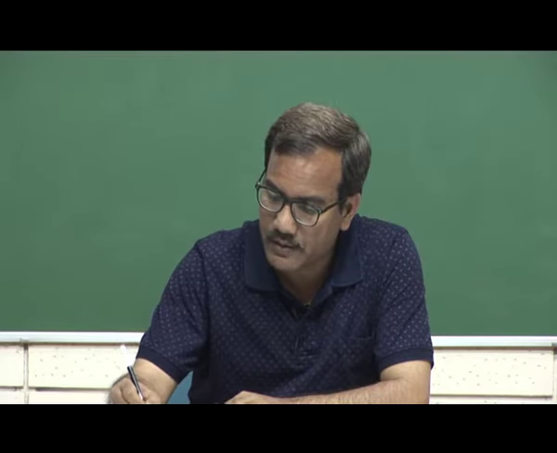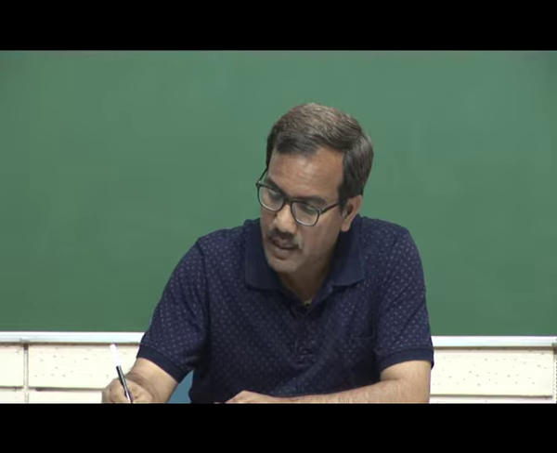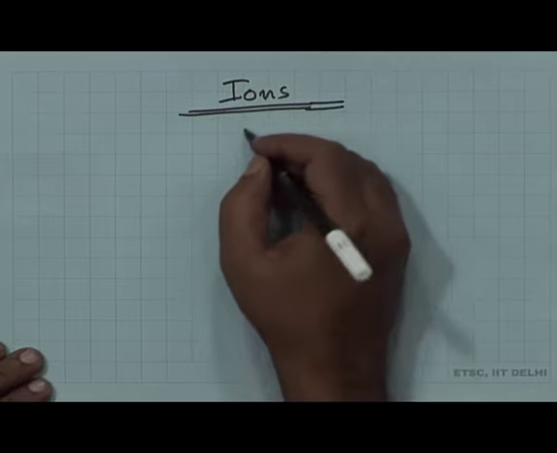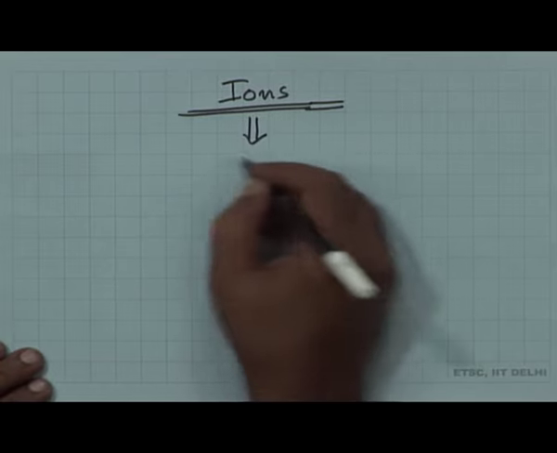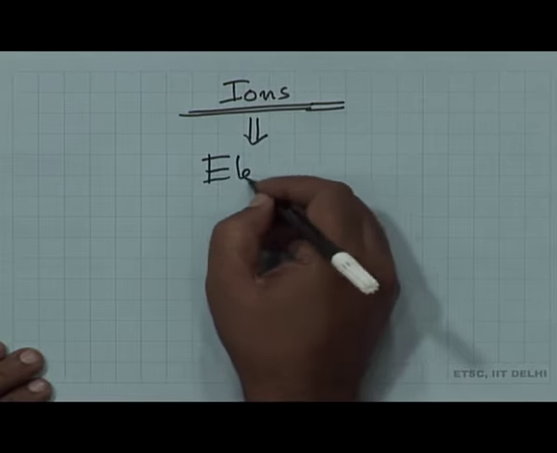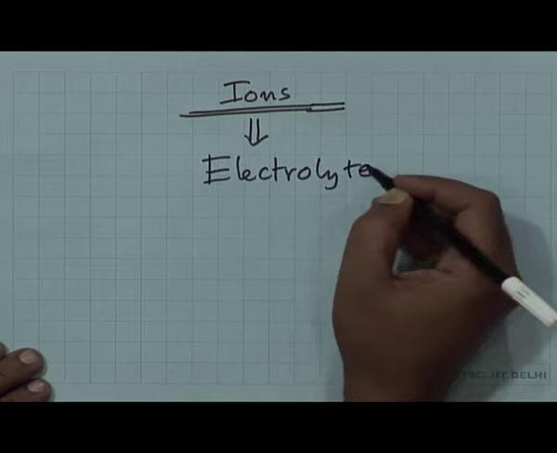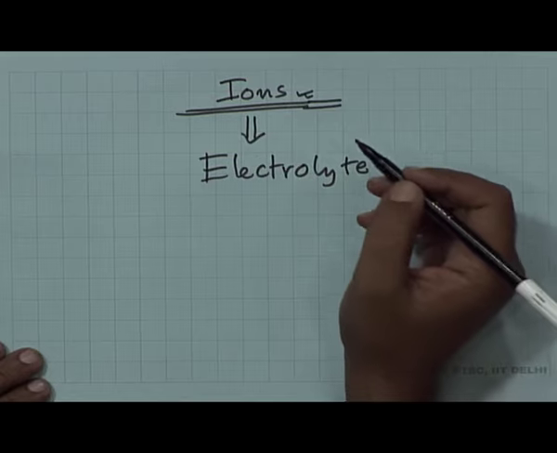So, first thing is ions, and what I discussed in the last lecture is that ions are generated by electrolytes. When you put electrolytes in aqueous solution, ions are generated.